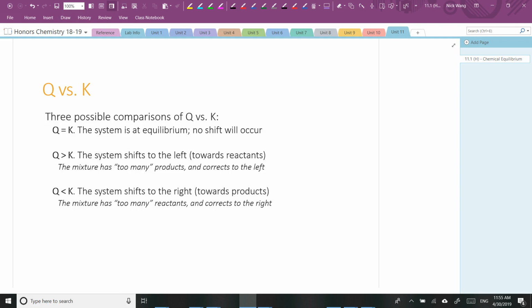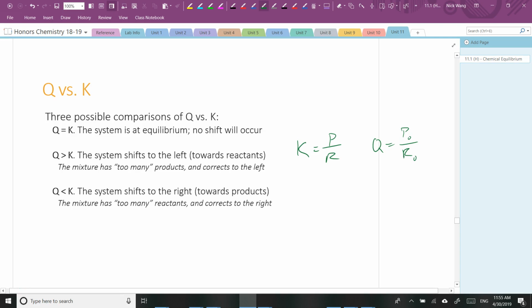What if Q is greater than K? So that test value you give. Let's think about this for a second. Remember that K is equal to your products over reactants. Your Q is also technically your products at initial divided by your reactants at initial amounts. So if Q is greater than K, that means your value on top is much, much too large compared to reactants.